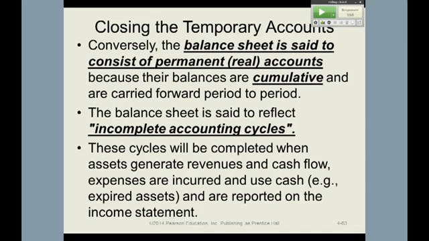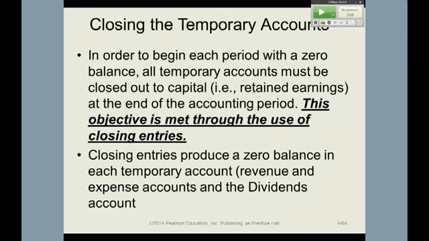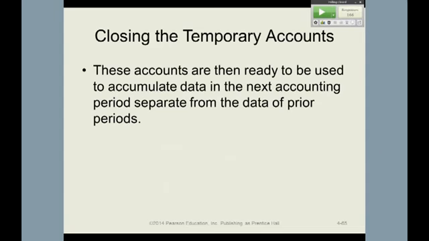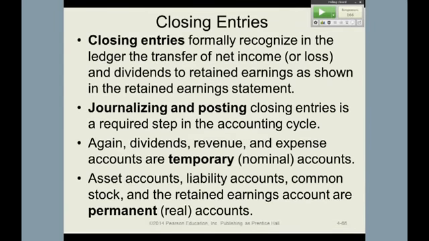Now, the question again is, how do you get the temporary accounts to zero balances? We're going to do this through closing entries. Closing entries, as I said, is the mechanical or the formal process that we use to transfer revenues and expenses and dividends to retained earnings.